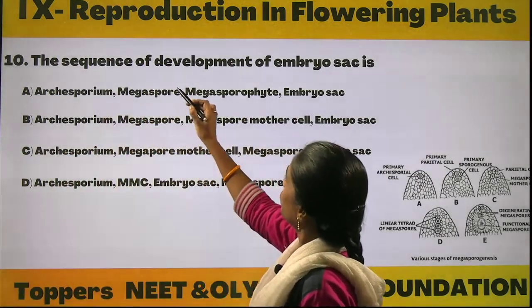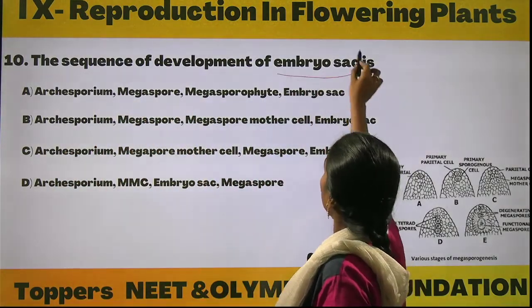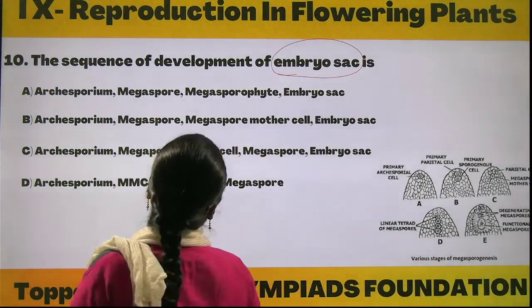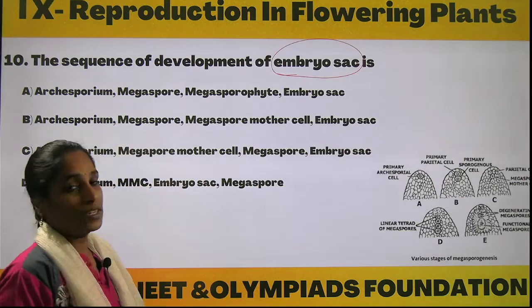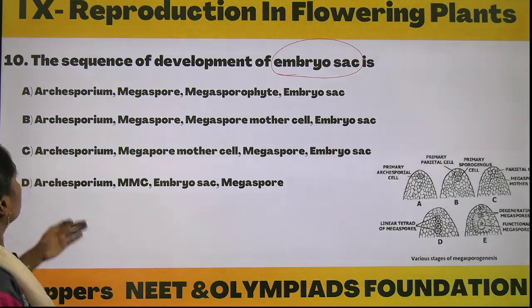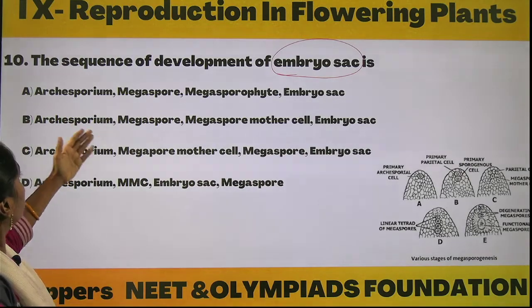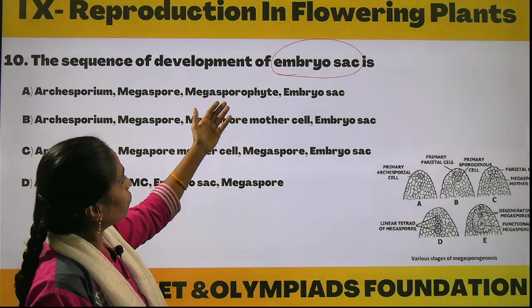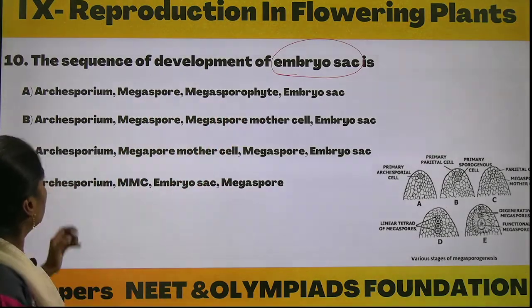The sequence of development of the embryo sac. What is the embryo sac? The embryo sac is the place where the fertilization process occurs in the flowering plants. So what are the options? Archisporium, megasporophyte and the embryo sac.